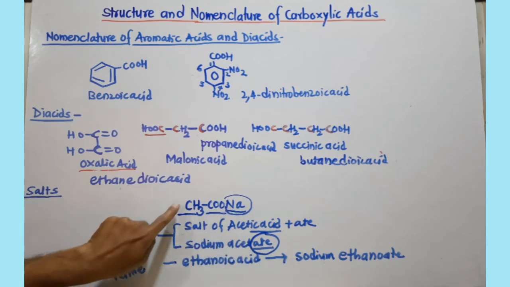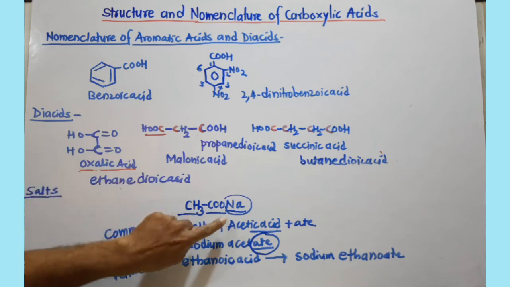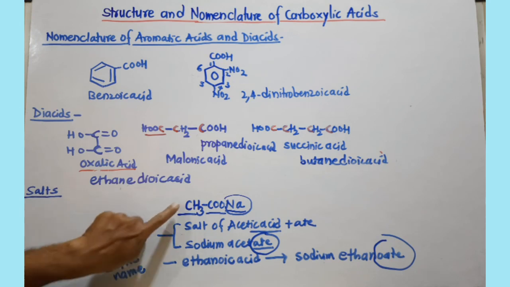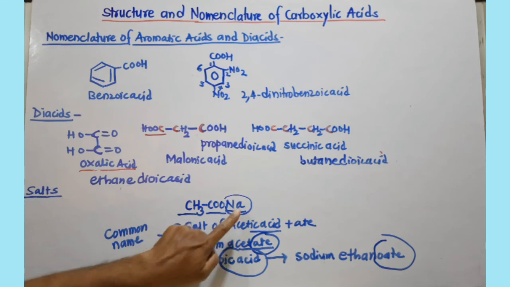But if you are using the IUPAC name of the acid from which it is derived, then you have to use the suffix OATE. Since this is derived from ethanoic acid, you replace OIC acid and join OATE. Again, the metal name will come first.